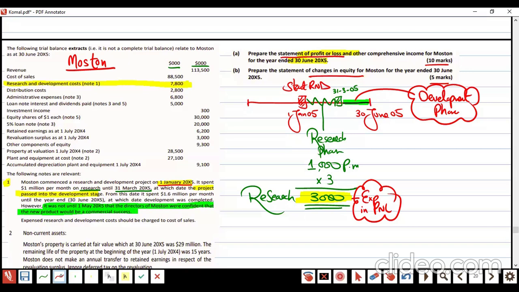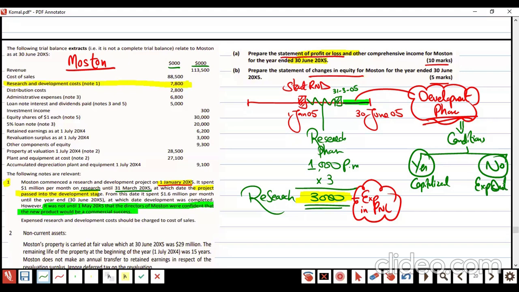Development phase, I told you one thing. Development phase does have conditions to satisfy, remember? If conditions are satisfied, it's capitalized. And if conditions are not satisfied, it is going to be expensed out.